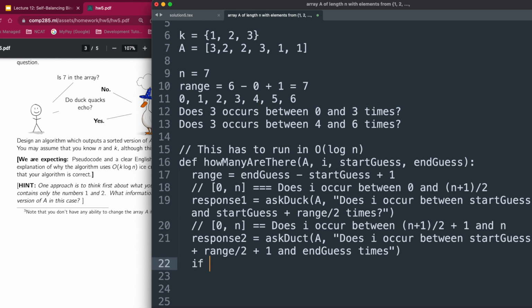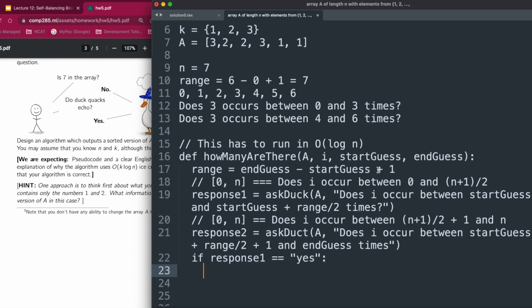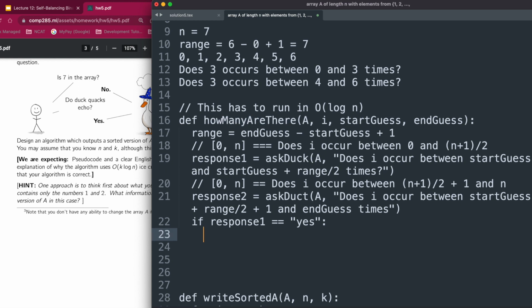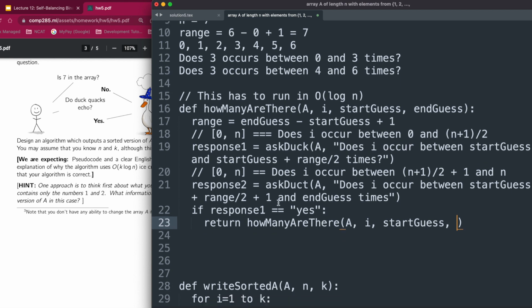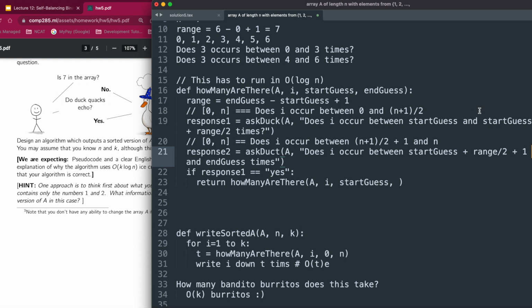So now we can say, well, if the answer to the first one is yes, if the duck said yes, then I can actually call myself recursively on start guess, right? So now our guess is going to be 0 to 3 instead of 0 to 6. So start guess, and then let's zoom out a little bit. We see start guess and start guess plus range divided by 2, right?